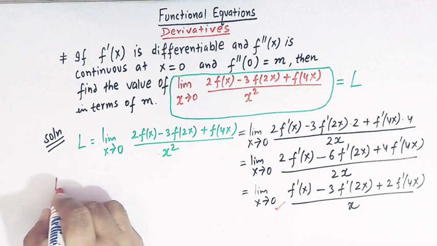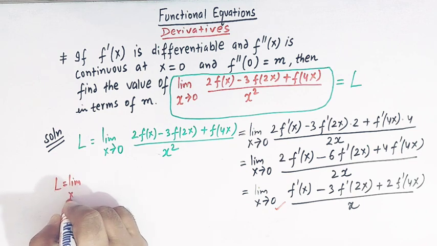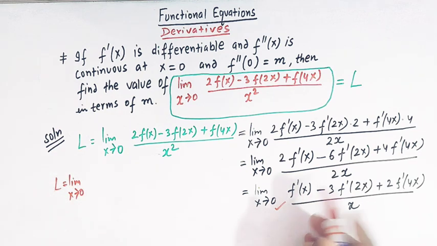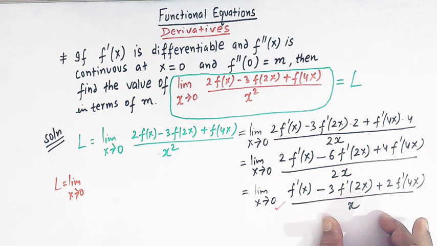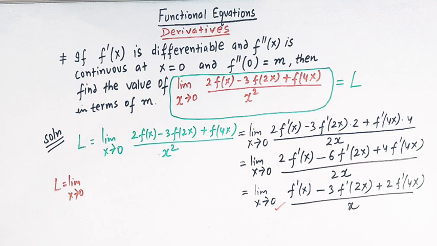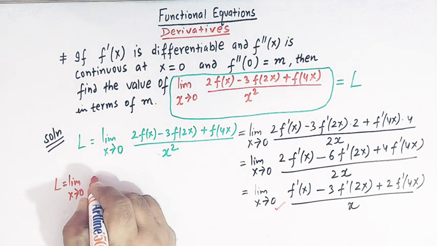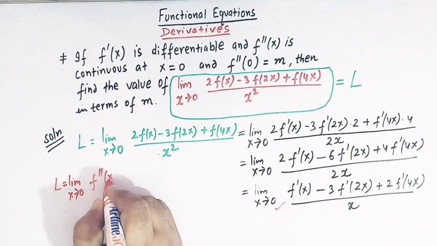We differentiate the numerator and denominator separately with respect to x. The derivative of f prime of x is f double prime of x.